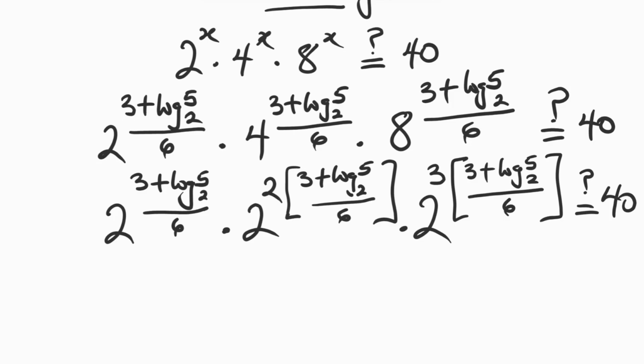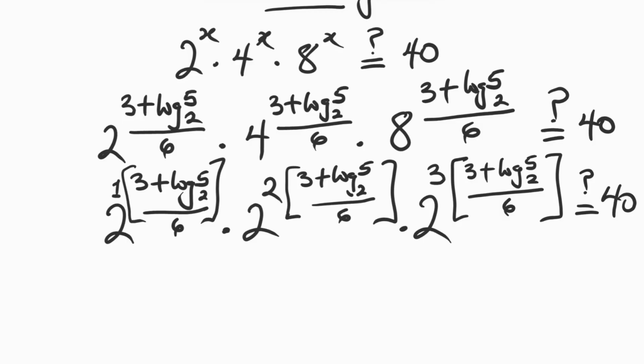Right. So now, the first term is the same thing as 2 raised to the power 1, so 1 multiplying everything in the bracket. Now we see we have something in common: 3 plus log 5 base 2 divided by 6. We can factor that out and then add up the multipliers.